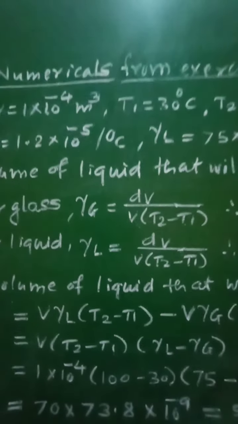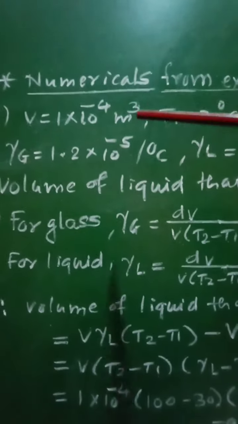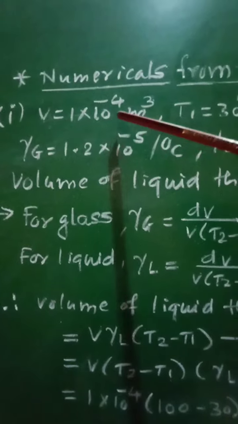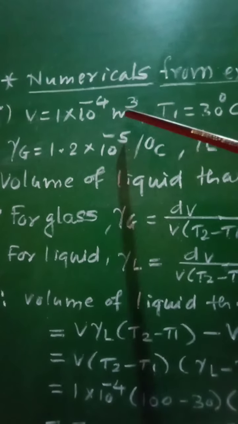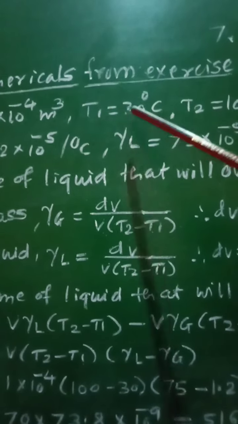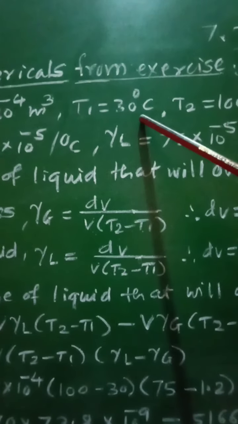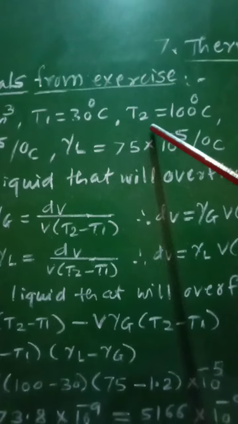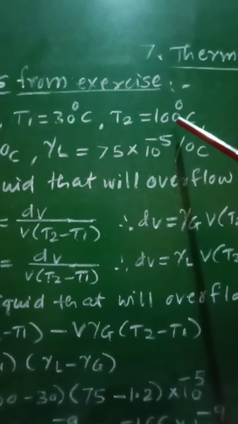So from this numerical, the given data is volume V equal to 1 into 10 raised to minus 4 meter cube. Initial temperature T1 equal to 30 degree Celsius. Final temperature T2 equal to 100 degrees Celsius.